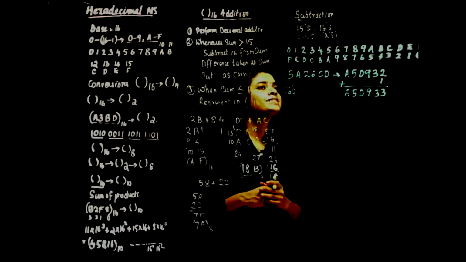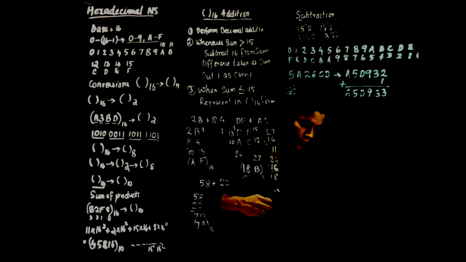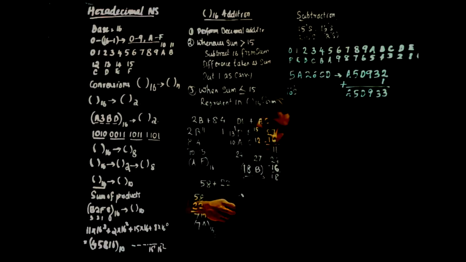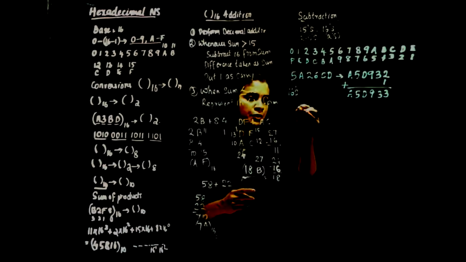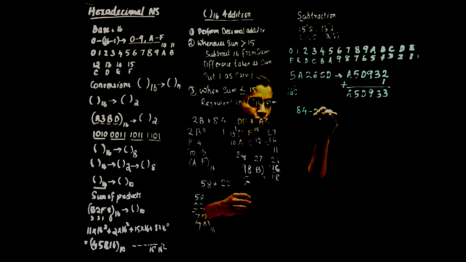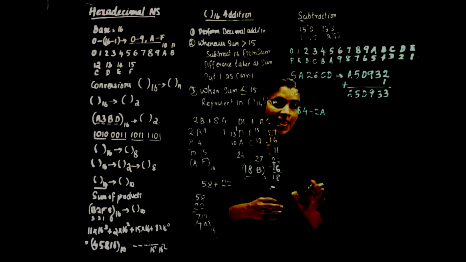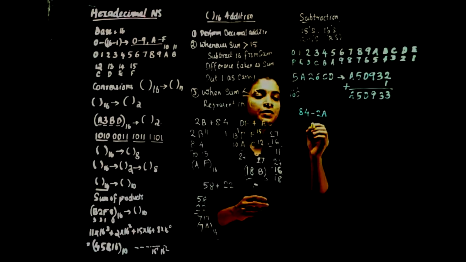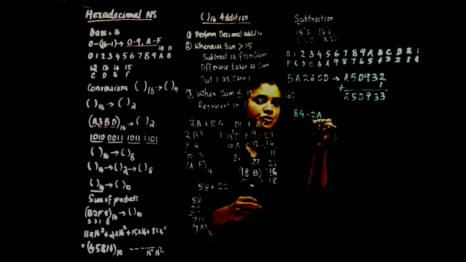So, now we will see the subtraction using 15's and 16's complement. Suppose we are going to perform the subtraction 84 minus 2A. This is the minuend and this is the subtrahend.